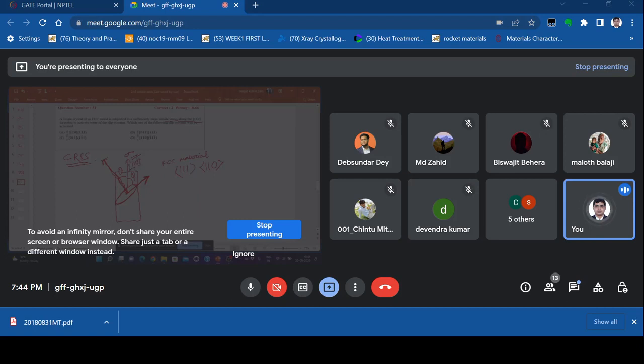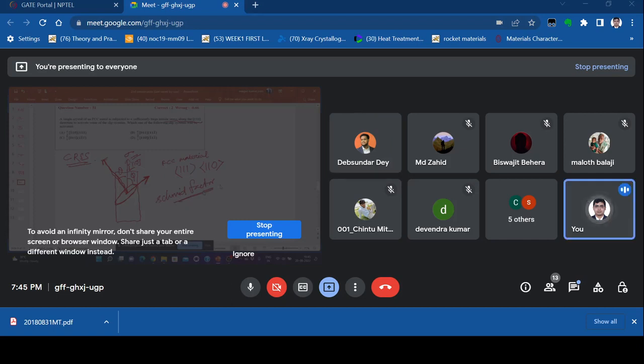To activate some of the slip systems, which one of the following slip systems will be activated? Sir, is the answer B? Yeah, you have to calculate first. You have to calculate the Schmid factor for all of them.